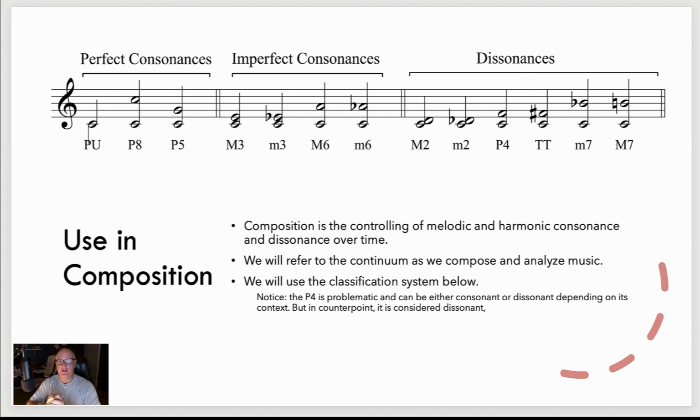Then everything else, we're going to call a dissonance. We're going to call it that way because that was the convention from the 18th century. And you'll see why immediately when we start composing, why every one of those is dissonant. So we use them in composition, and composition is the controlling of melodic and harmonic consonance and dissonance over time. It's the axes we talked about. So we'll refer to the continuum as we compose and analyze music, and we'll use the classification system below.